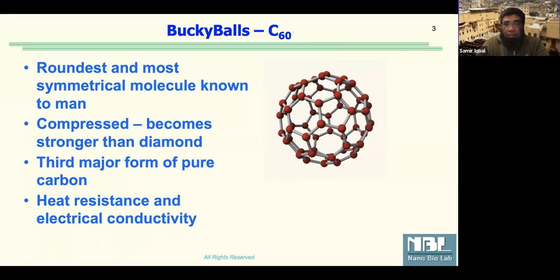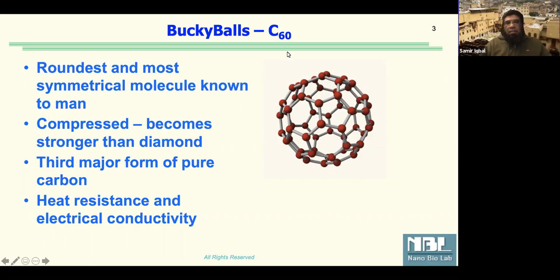There is something profound about this material. You can see it's zero dimensional. We call it zero dimensional because it has no dimension. It is so small. It's the roundest, most symmetrical molecule known to human beings.